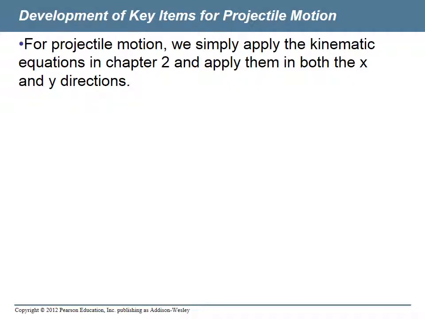Okay, so getting into the mathematics behind how to find quantities in projectile motion, we're just going to take the same equations that we used in chapter 2, and make a whole new set that's duplicated in the y direction. So we have the same equations, it's just in the x and y directions now. We had this first one, Vx equals V naught x plus axt, and we do it in the y direction as well.